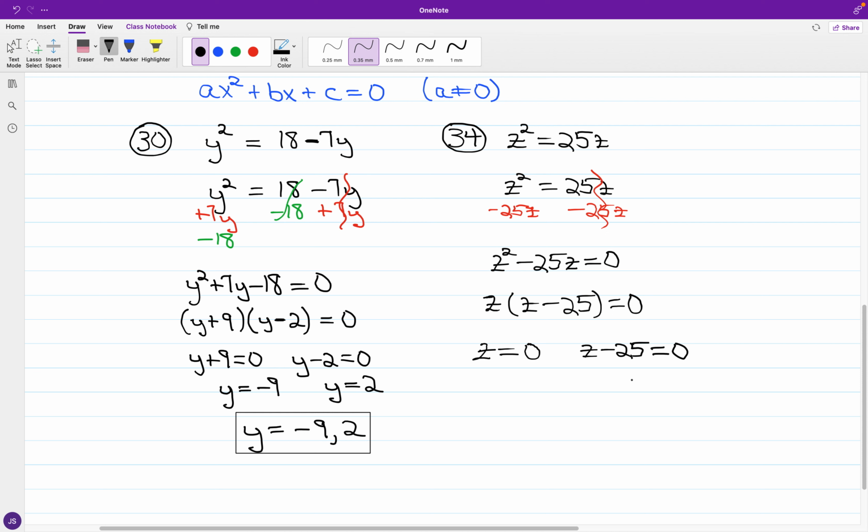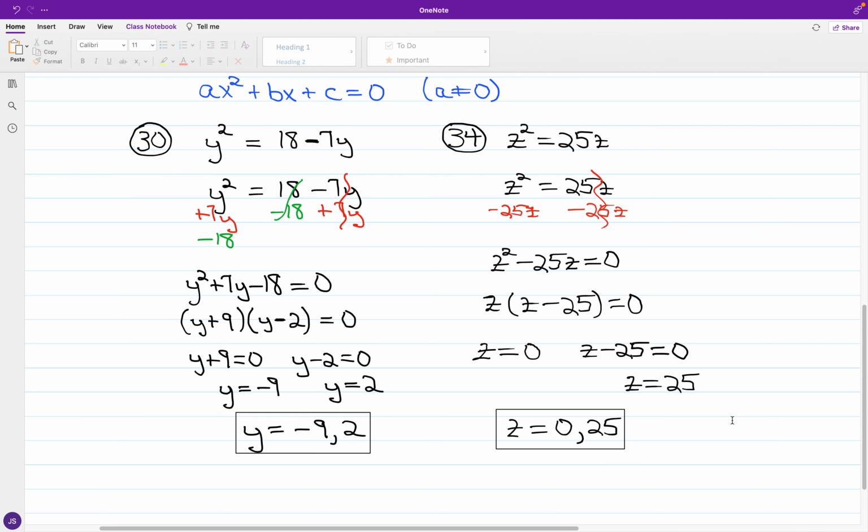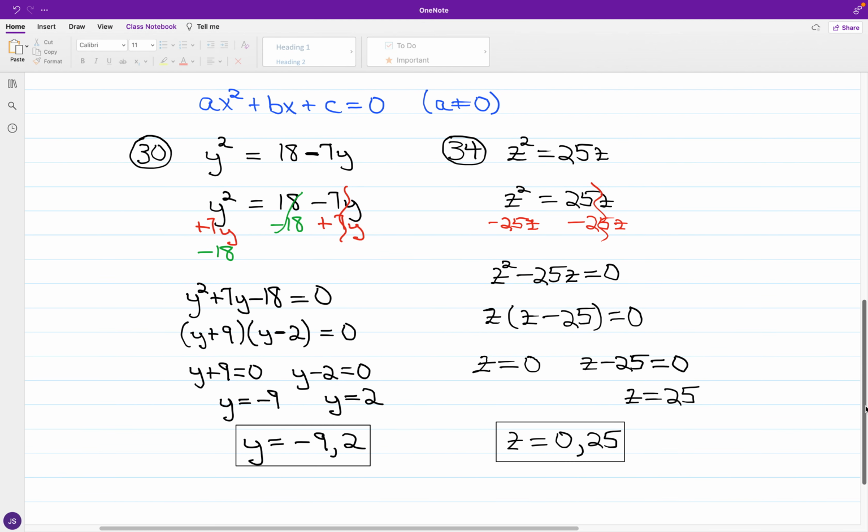If I set z minus 25 equal to 0, we're going to have that z is equal to 25. And again, 25 squared is equal to 25 times 25. And so z is going to have two possible solutions, 0 and 25. So you have another conditional that has a limit of two possible solutions, those solutions being 0 and 25.